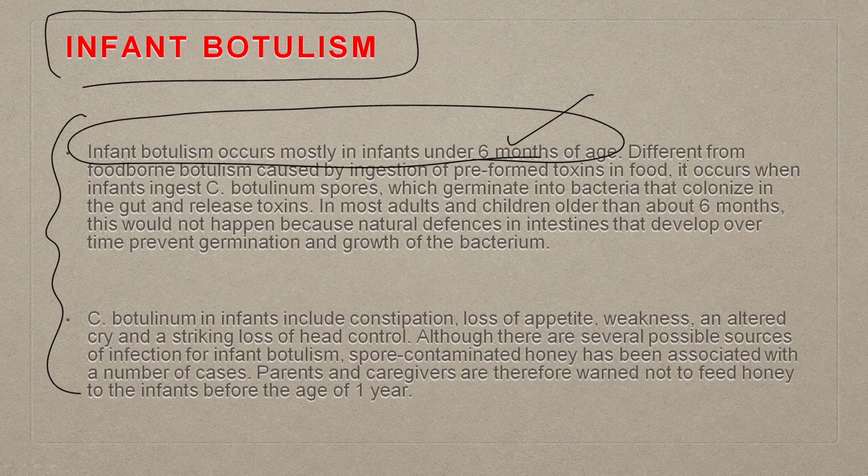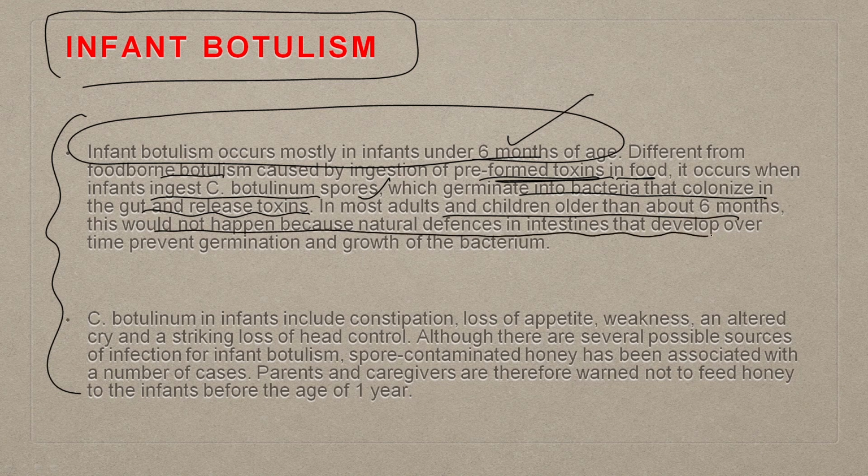Different from foodborne botulism, which is caused by ingestion of preformed toxins in food, infant botulism occurs when an infant ingests Clostridium botulinum spores, which germinate into bacteria that colonize the gut and release toxin. In most adults and children older than about 6 months, this would not happen because natural defenses in the intestine that develop over time prevent germination of the bacteria.